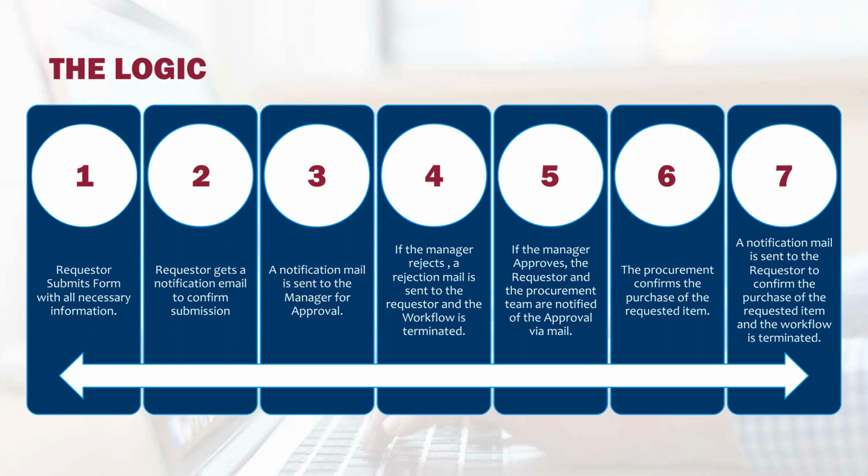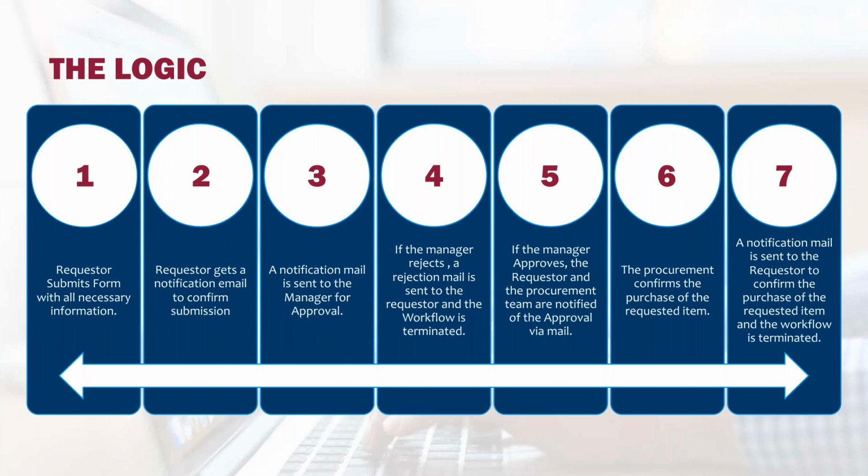Based on the action the manager takes, the workflow also knows what to do. If you reject, for example, the requester gets a notification mail to tell him or her that the request has been rejected, and the workflow ends there. In the case where he approves, the requester also gets a notification to confirm that the request has been approved.